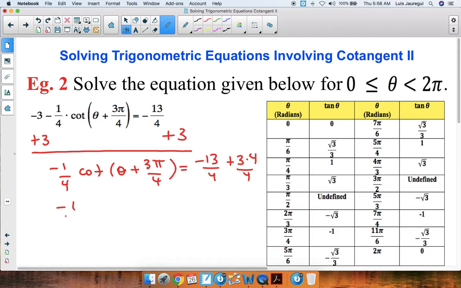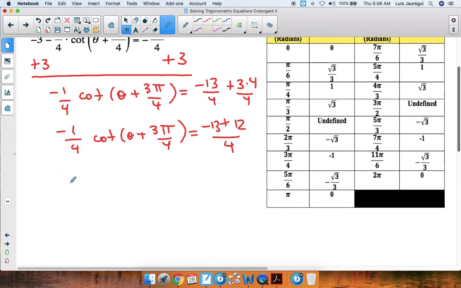So we have negative 1/4 of cotangent of theta plus 3 pi over 4 is equal to negative 13 plus 3 times 4 is 12 all over 4. So in general, what we have is the following. We have negative 1/4 of cotangent of theta plus 3 pi over 4 is equal to negative 1/4.